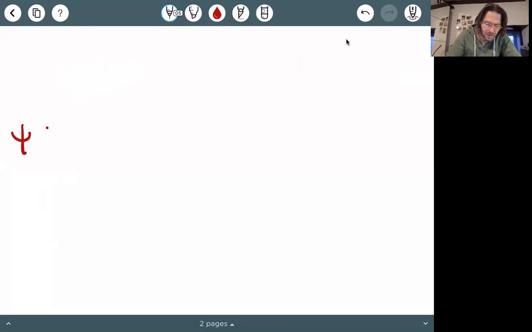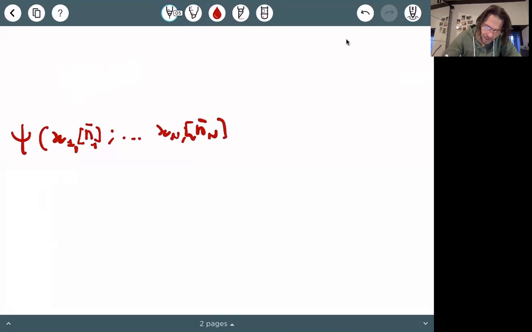So the many-particle wave function, which we will denote as psi of x1, the collection of quantum numbers of particle 1, through xn, of particle n. This wave function has important symmetries.